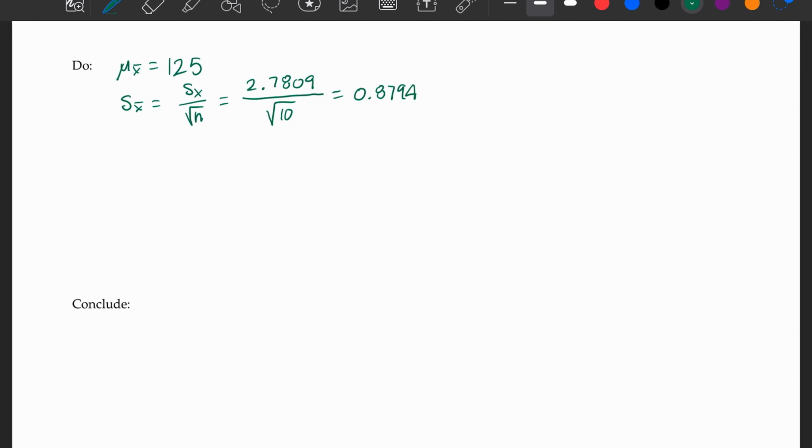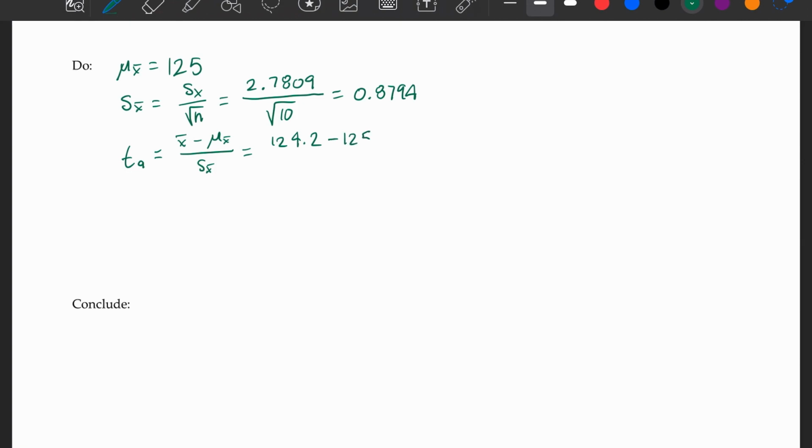All right, so let's go ahead and find our t statistic, just like we would our z statistic. So t sub, what's our degrees of freedom? 9. 10 minus 1 is 9. And so that's going to be our x bar minus the mu sub x bar over s sub x bar. Or in other words, back over to my calculator, it said that my sample mean x bar was 124.2.